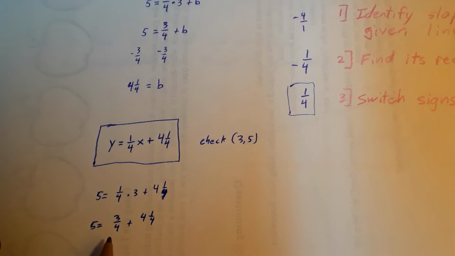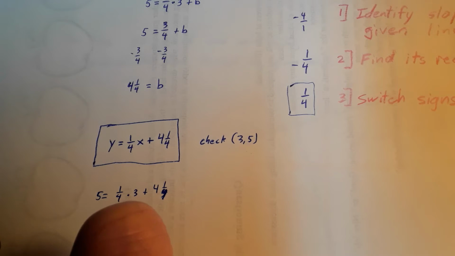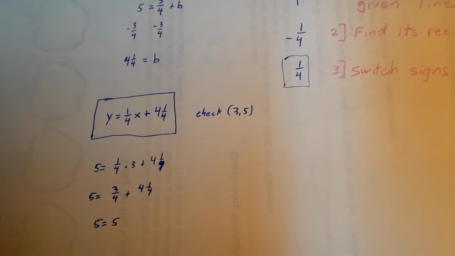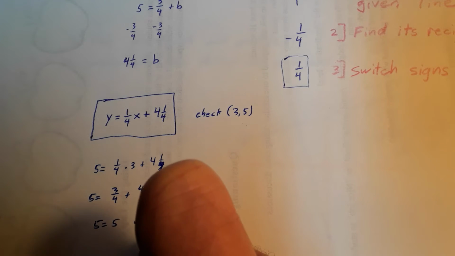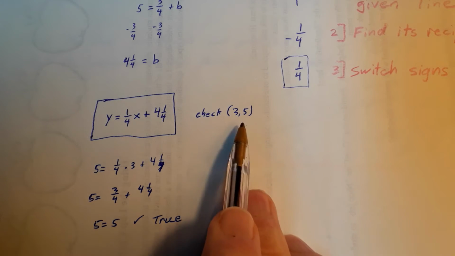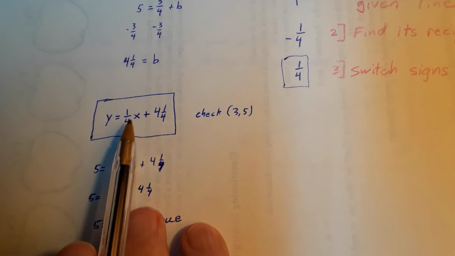Okay, so 3/4 plus 1/4 is going to be 1 whole. 1 whole plus 4 is 5. So I have 5 equals 5. And so yes, this is true. So this point is in fact on this line.